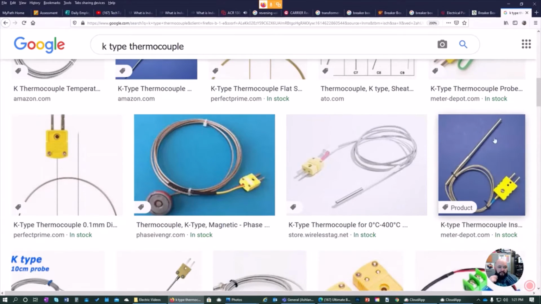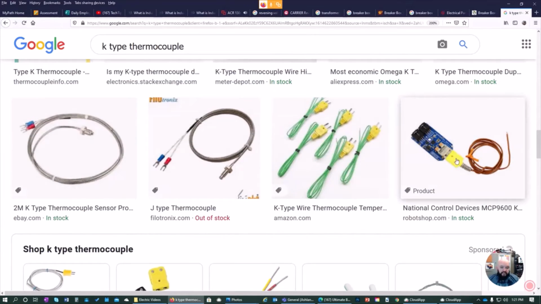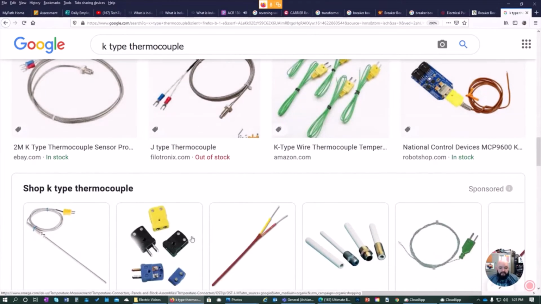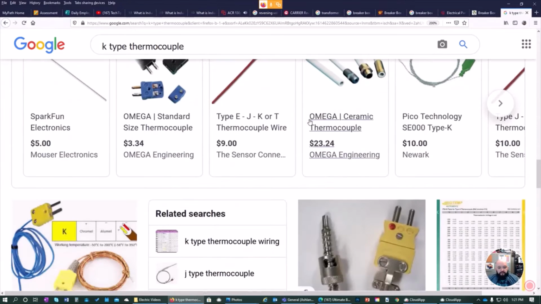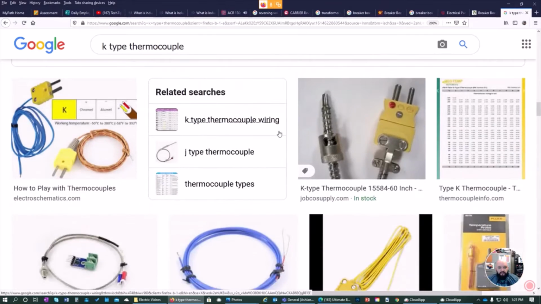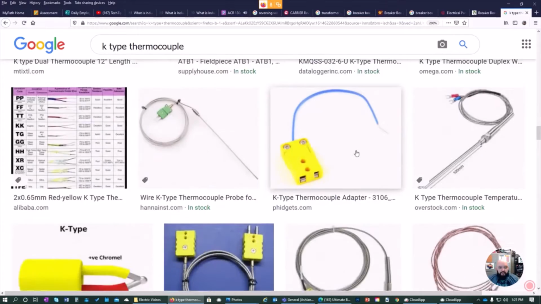Some are better insulated, some are probes, some are line clamps. But basically it's just reading the resistance through one wire back on the other. And this adapter is why it's called the K-type, the negative and the positive. This is the most common one you'll find.